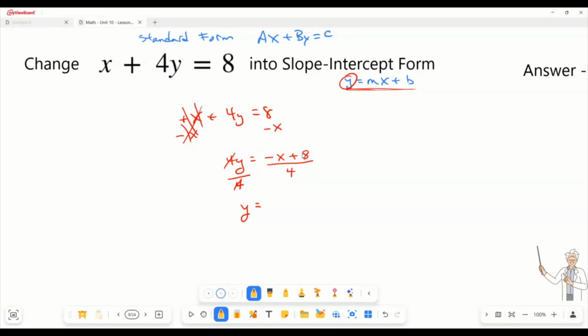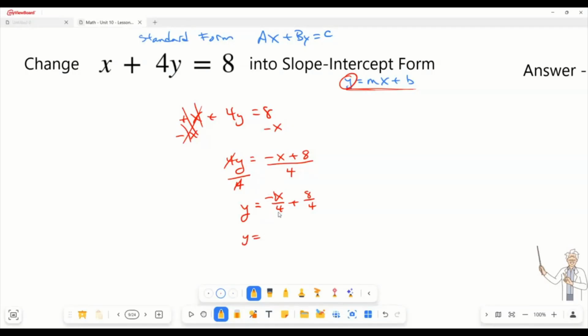We can break this fraction apart. Negative X over 4 plus 8 over 4. This is an understood -1.